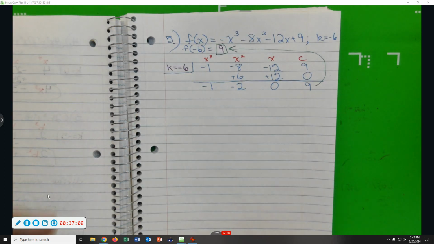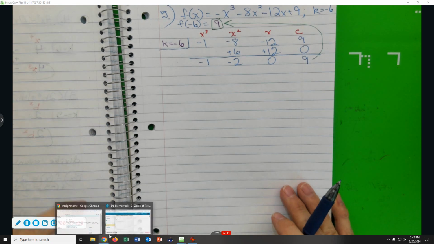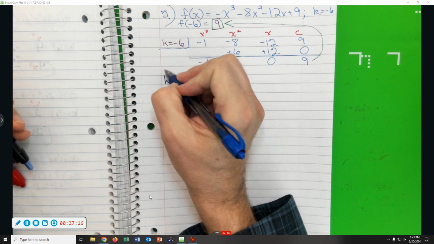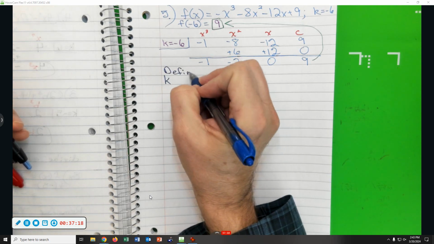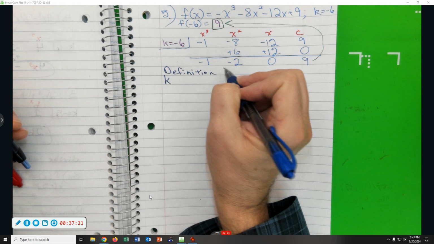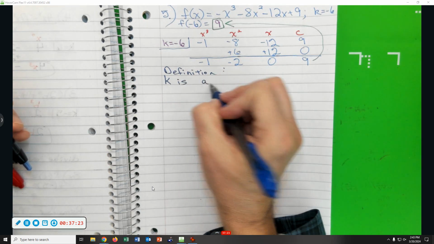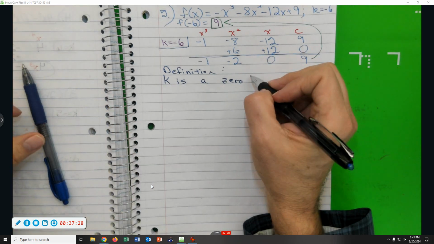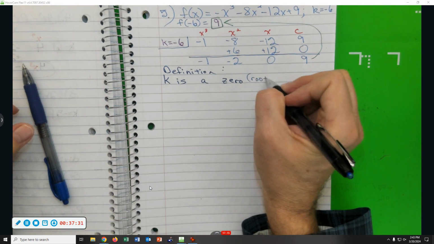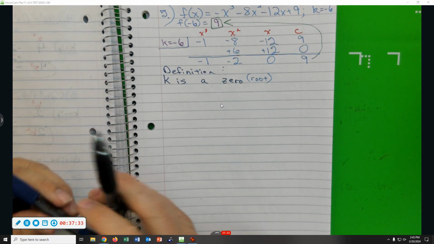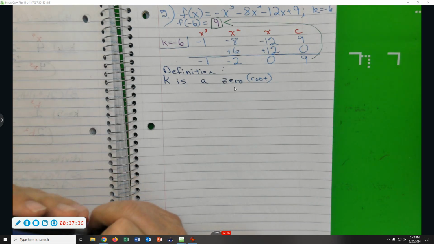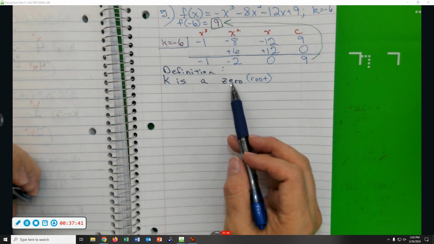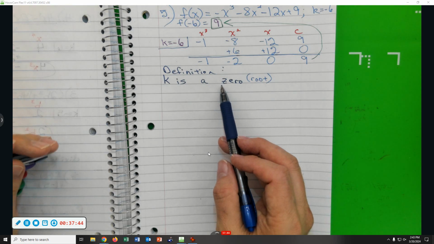Okay, some terminology. You gotta write stuff now, okay? This is a definition. K is a 0, and in parentheses I'm going to write root. When we were in school, these things were called roots. But when you think of roots in terms of math, you think of square roots and cube roots. This has nothing to do with those things. So the new accepted term, I guess it switched over in the 90s.